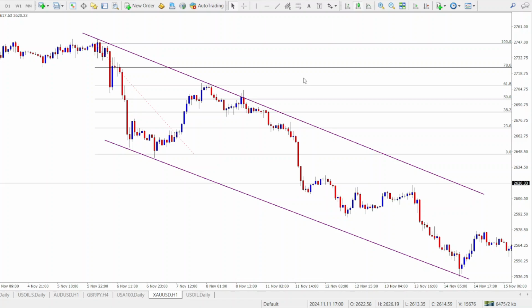Okay, you can also decide to check the 5-minute chart for more precise entries and exits, but you might not even need to go to the 5-minute chart, right?